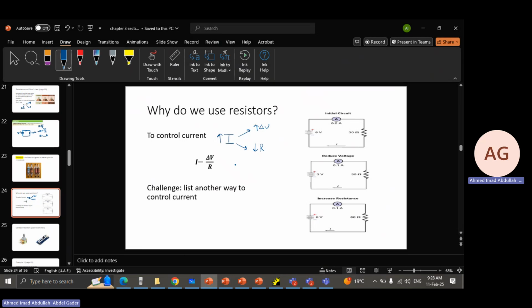So the opposite is also true. If we wish to decrease the current for whatever reason, all we have to do is increase the resistance. Again, why is this? Because I is directly proportional to delta V and inversely proportional to R.